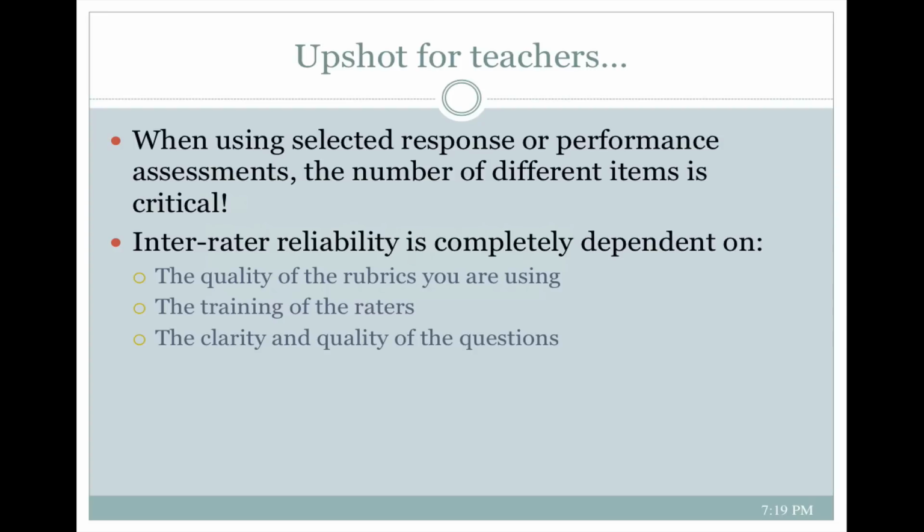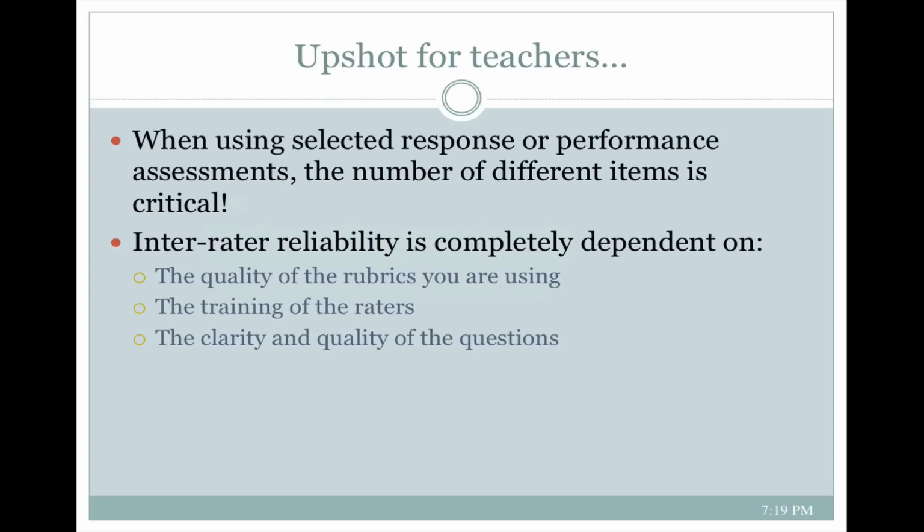So what is the upshot? Well, when you use a selected response or performance assessment, the number of items that you have is critical. If you have too few items, you cannot have a reliable assessment. And then secondly, inter-rater reliability, that is the degree to which 2 raters agree on the same score for a student, is completely dependent upon the quality of the rubrics that you're using, how well the raters have been trained, and the clarity and the quality of the questions themselves.